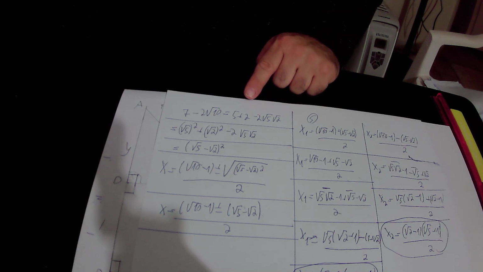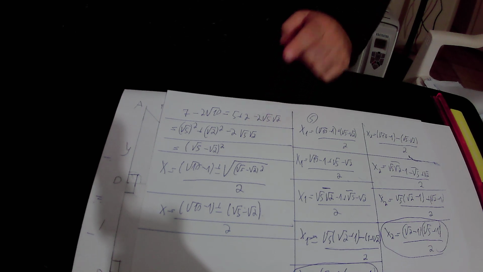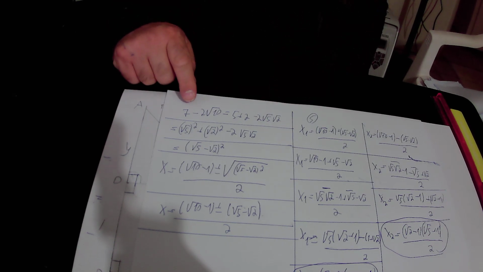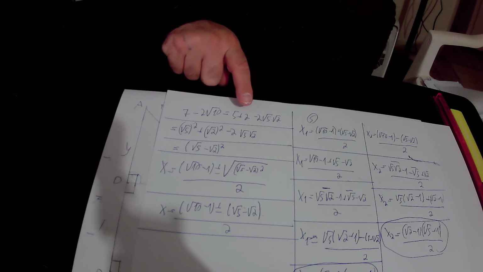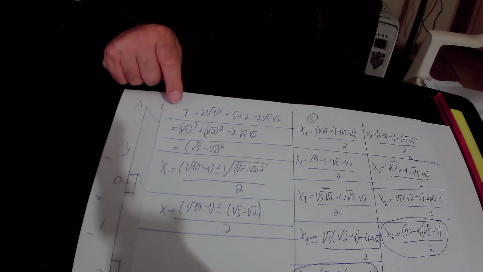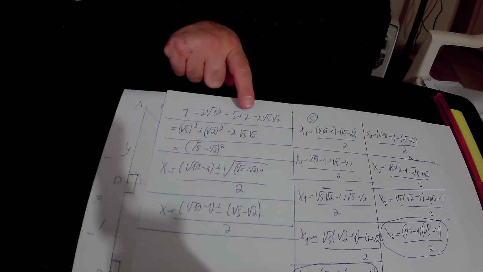But we know that 5 is square root of 5 squared, and 2 is square root of 2 squared, and also there is minus 2 times square root of 5 times square root of 2. So this expression, square root of 5 squared plus square root of 2 squared minus 2 times square root of 5 times square root of 2, is very similar to the algebraic identity a squared plus b squared minus 2ab equals a minus b squared.